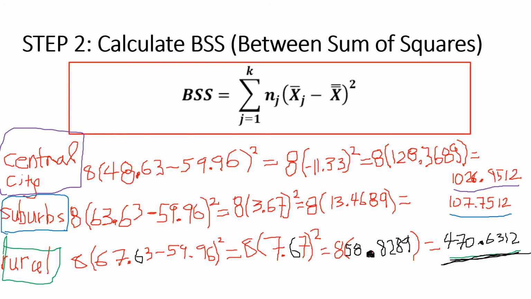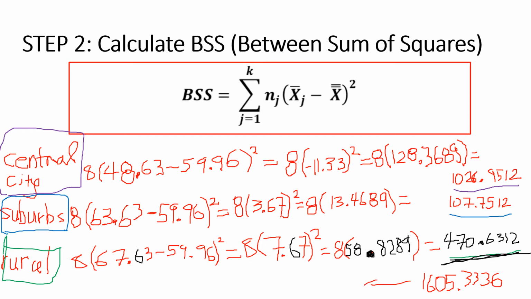Okay? So 470.6312 plus 107.7512 plus 1026.9512 gives us, do this in red again down here, 1,605, no, fiddlesticks, it's supposed to be 5,605.3336.